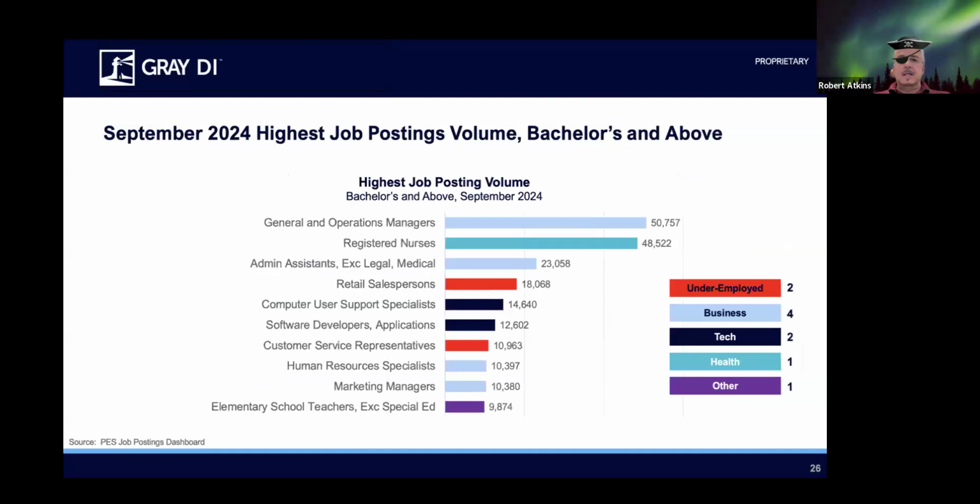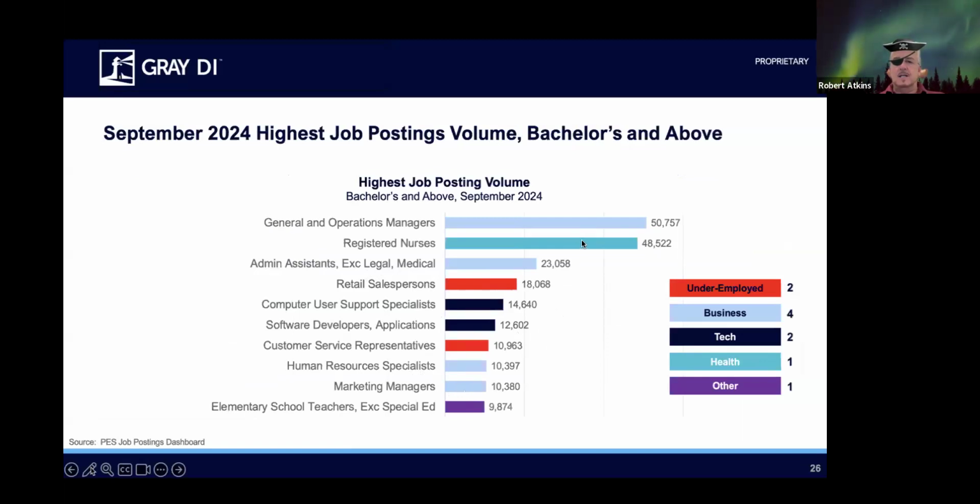So September 24 actually had these professions, occupations to be literal, that had the highest job postings. Business really leads this list with 4 entries: general and operations managers, admin assistants, excluding legal and medical, human resources specialists, and marketing managers. We also have one health job on here, RN.